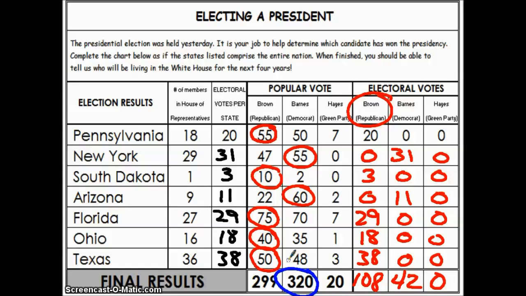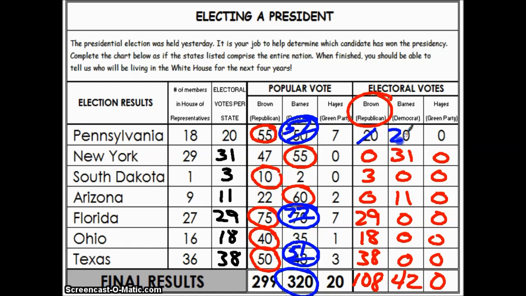If we would take Hayes out of the race and assume his votes went to Barnes, you could see it would change the results in a couple different states. And I'm just focusing on the states that it would actually change, all right, the results. Because all of a sudden now, you have Barnes winning 3 states.